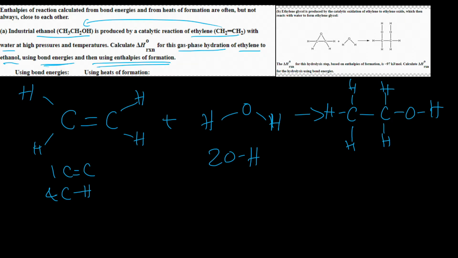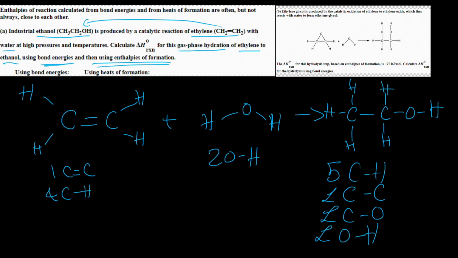And then here we have 5 CHs, 1 CC, 1 CO, and 1 OH. Yeah, because 1, 2, 3, 4, 5, 6, 7, 8, and here we have 8 in total. Okay, so we didn't miss anything. Let me erase this.